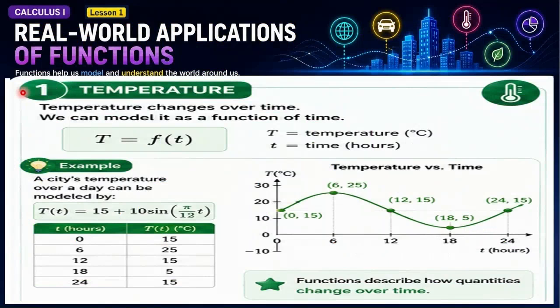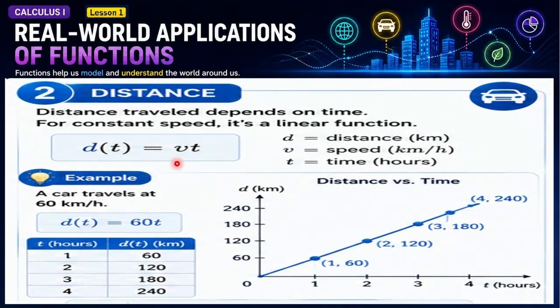Functions are powerful tools for describing the world around us. For example, temperature depends on time. We may write temperature as a function of time. Distance traveled by a car can also be expressed as a function. If a car moves at 60 km per hour, the distance after t hours is 60 times t.